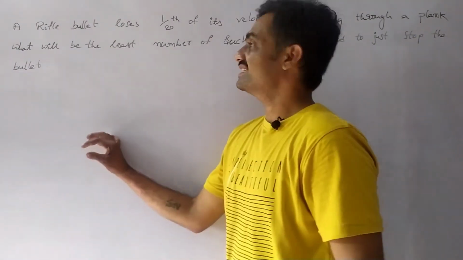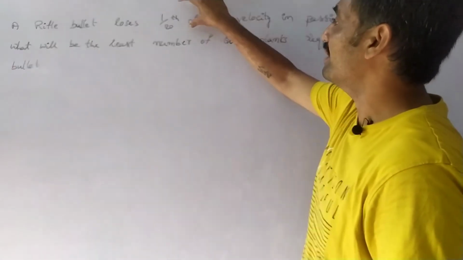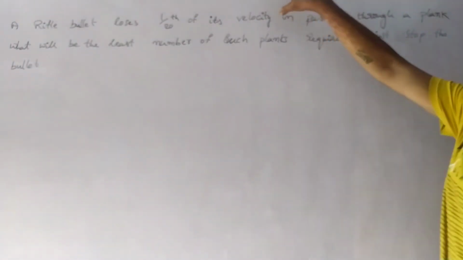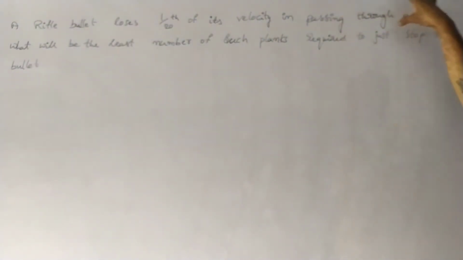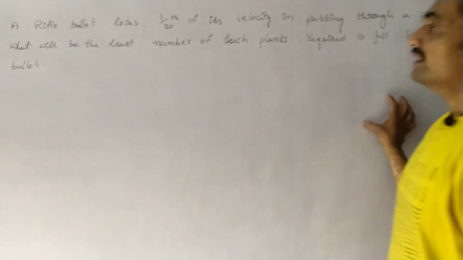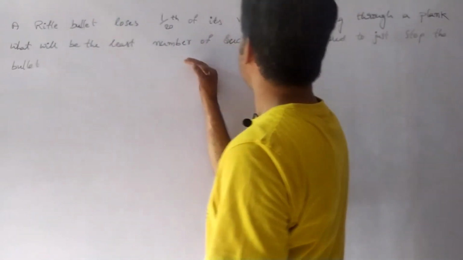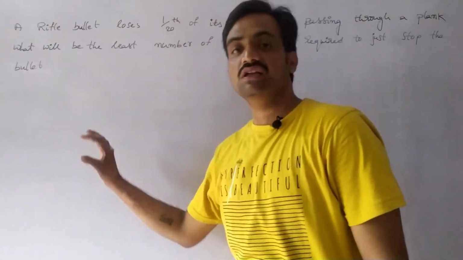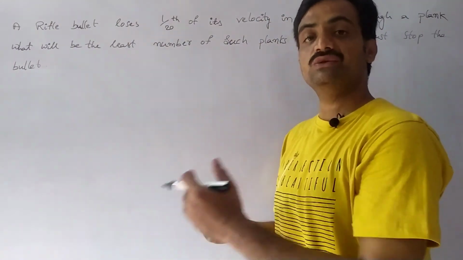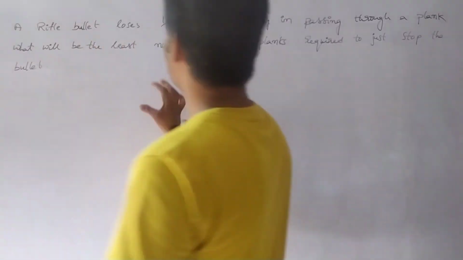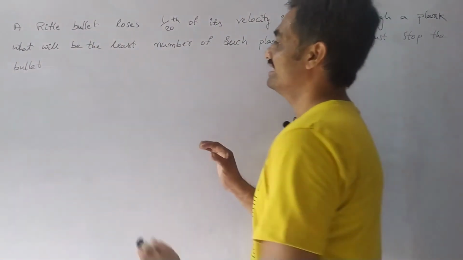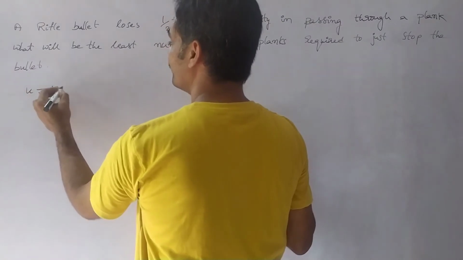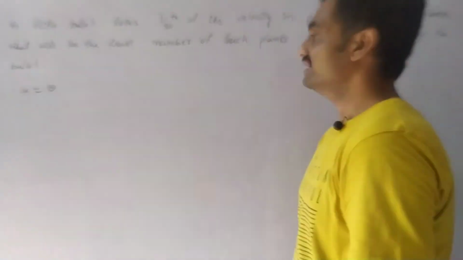The next problem is: a rifle bullet loses 1 by 20th of its velocity in passing through a plank. What will be the least number of such planks required to just stop the bullet? So here now we have to consider how many planks are required to stop this bullet. As the bullet has been started, its initial velocity is v.